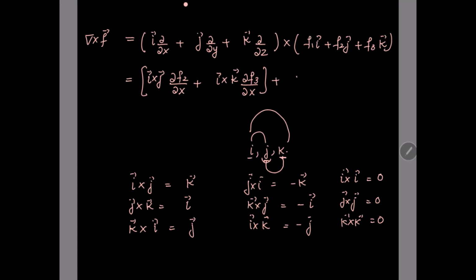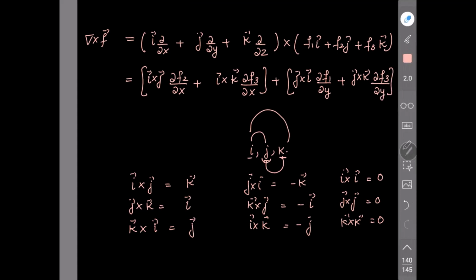So this will be j cross i ∂f1/∂y, then j cross k ∂f3/∂y. Then the third, with ∂/∂z.